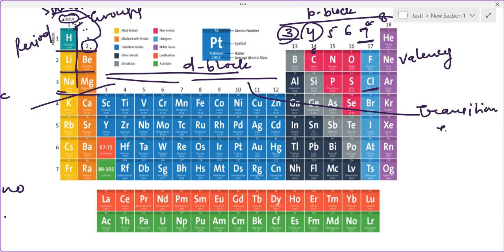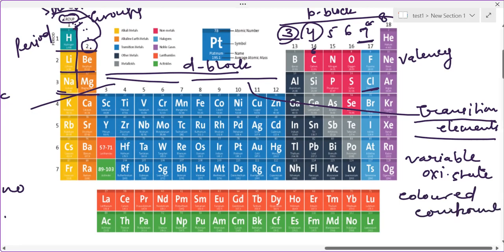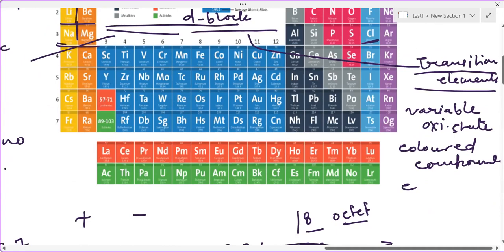Transition elements have variable oxidation states. They form colored compounds. Next, they are good catalysts.